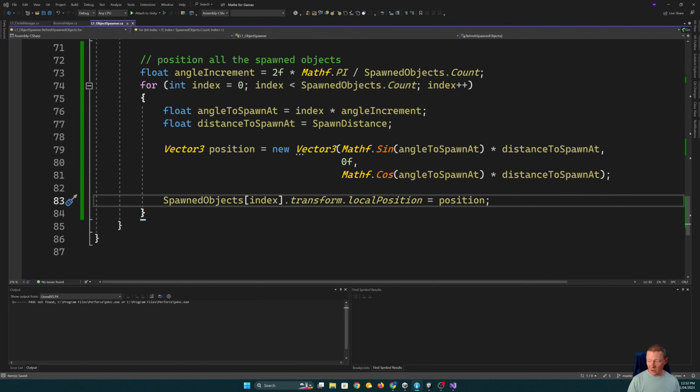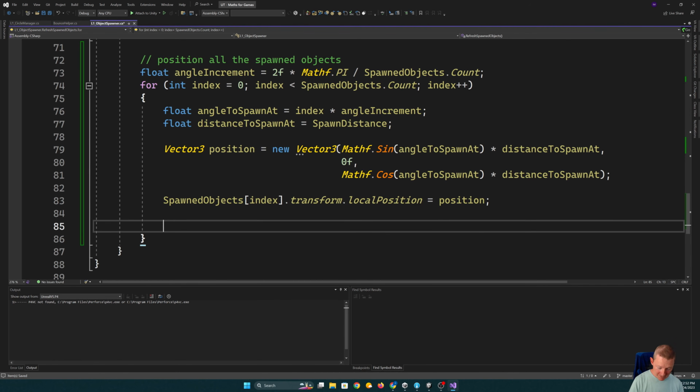Now the actual offset that we need is pretty straightforward. Now, because I'm not writing, this is going to be not amazing code for performance. We wouldn't normally be doing this regeneration and all this stuff every time.